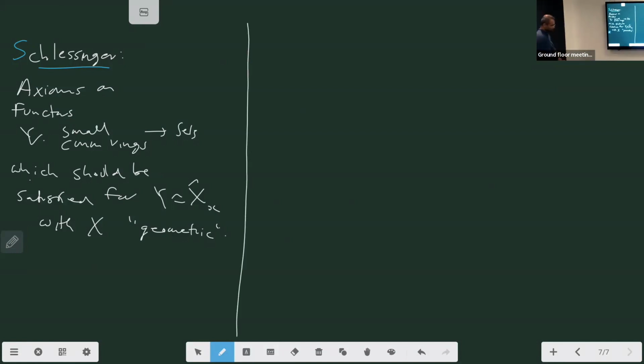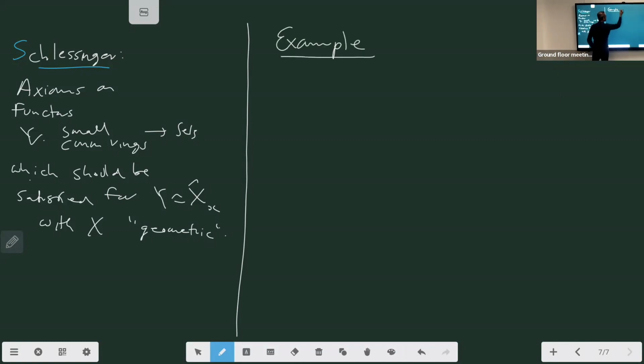So before we go to a break, let me give you an example of such a functor from Artinian rings to sets, which is in some sense universal. For this, I need to make a definition. Actually, maybe I should make the definition first. Definition. We have this notion of a differential graded Lie algebra.